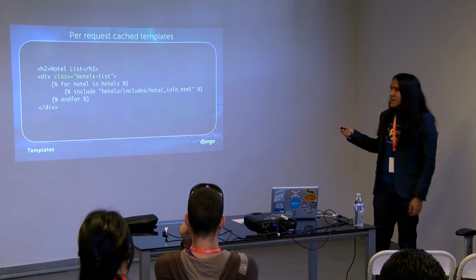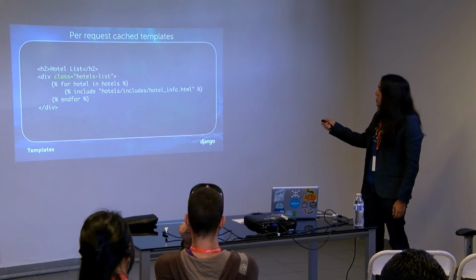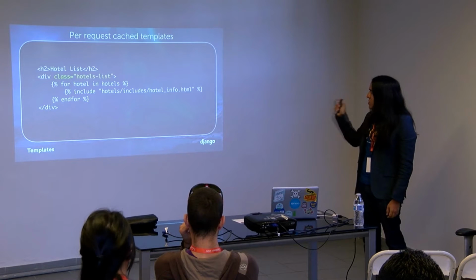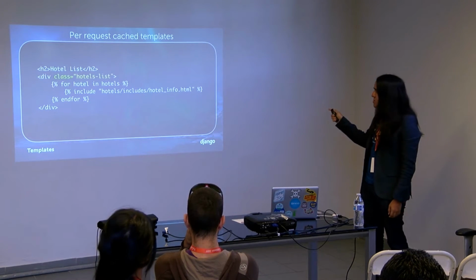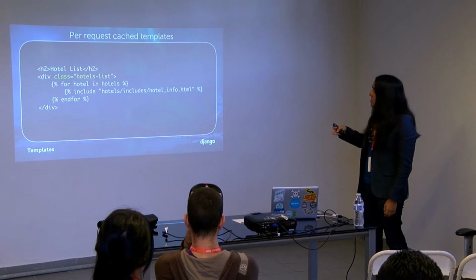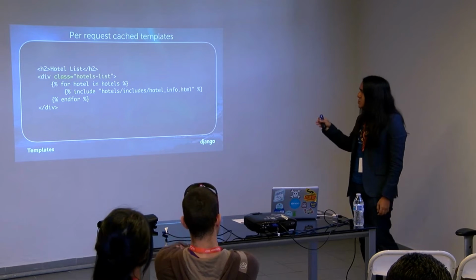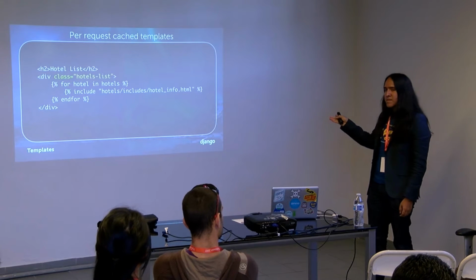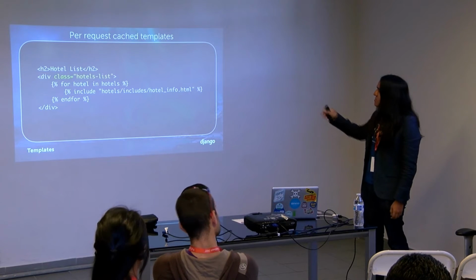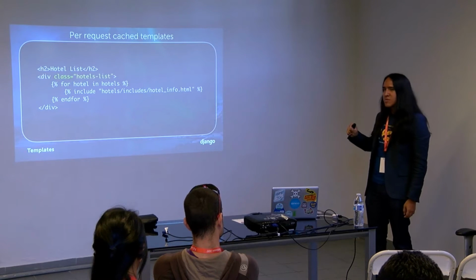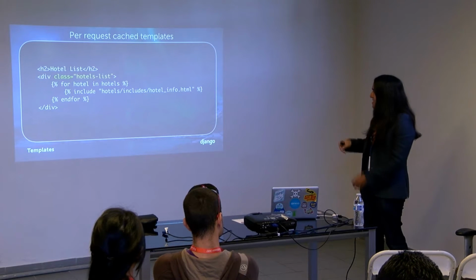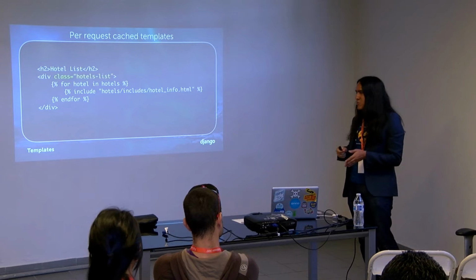Before Django 1.9, this code would compile the template into nodes 200 times, every single time for the hotels. Django 1.9 introduced caching for the include tag. So now it only compiles it into nodes one time, and then the next time it would use the cached solution.